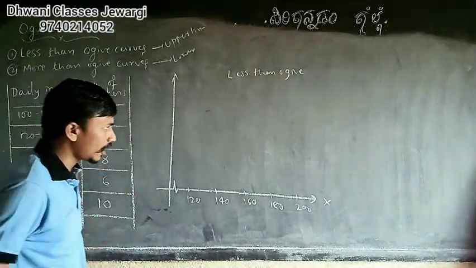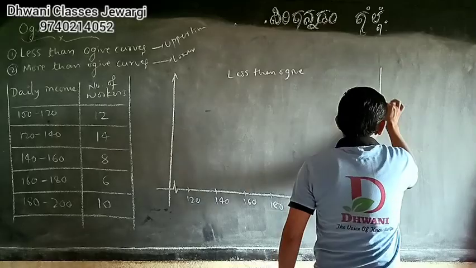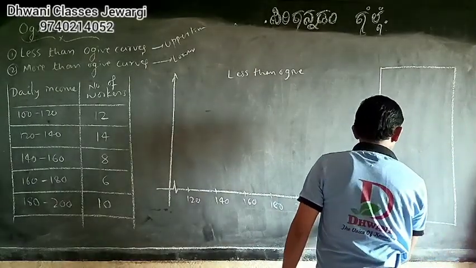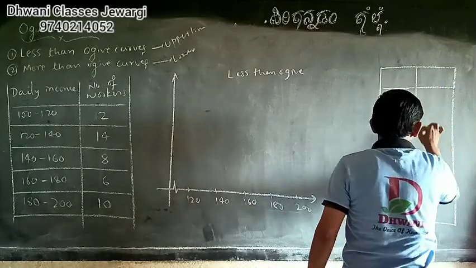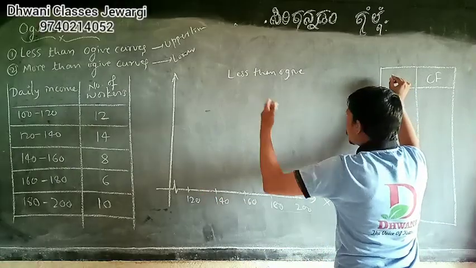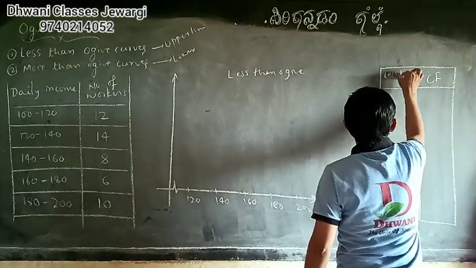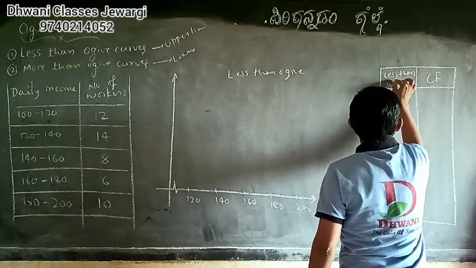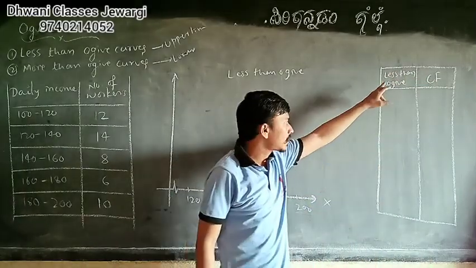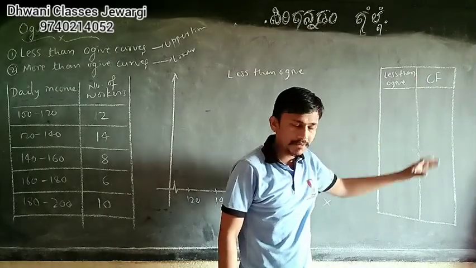Before drawing the graph, you need to find the cumulative frequencies of the less than Ogive type. Make a column for less than Ogive and cumulative frequency.